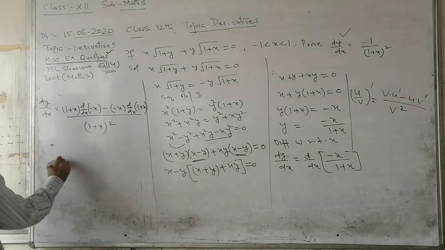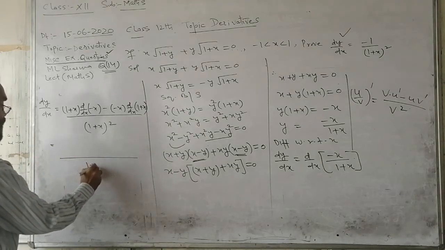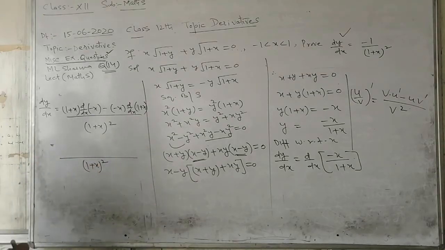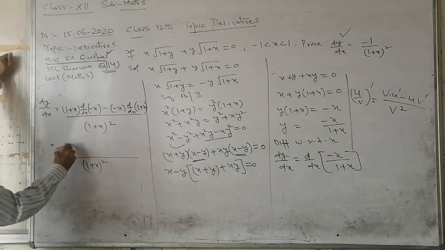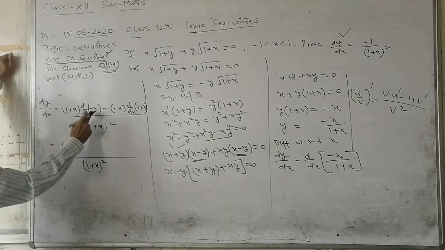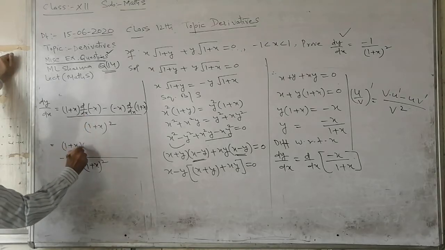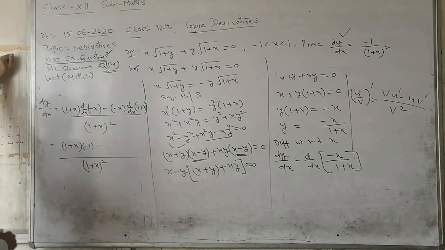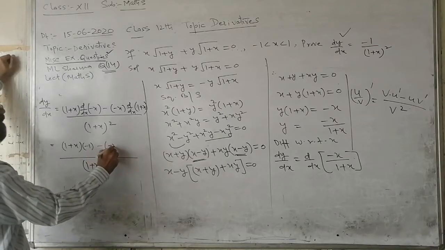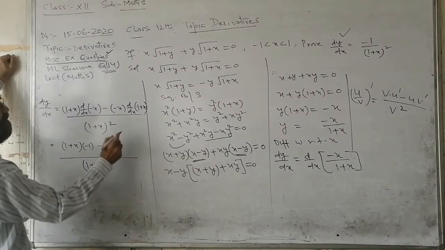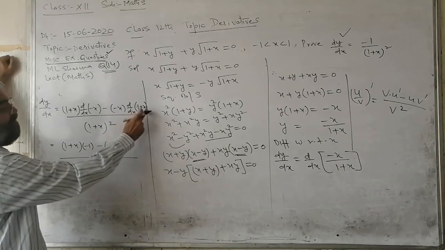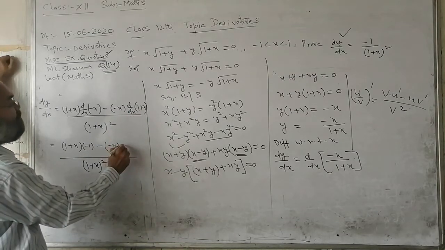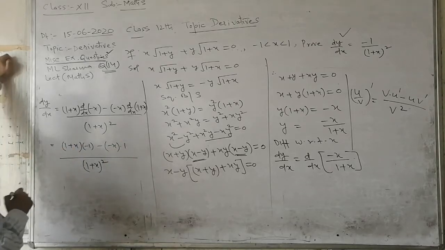So this will equal to (1 plus x) whole square in the denominator. Now here 1 plus x into derivative of minus x, it is minus 1, minus here minus x into derivative of 1 plus x, its derivative is 1.